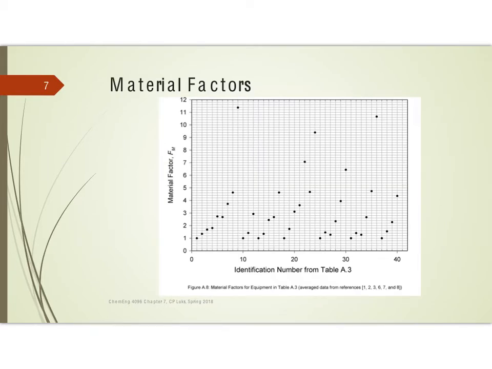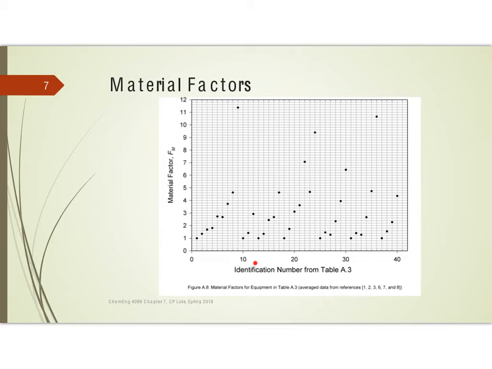Materials factors tend to be a little bit more complicated, and there are a couple of ways that we'll see graphs like this. But the way they've set these up in the textbook is you're going to look in table A3, and you're going to find your piece of equipment. So let's say a centrifugal pump was item 10, okay?